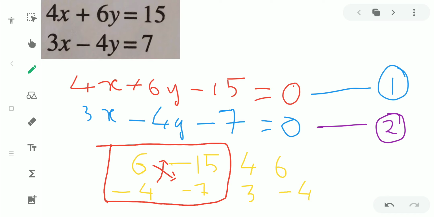We have two variables, x and y, to solve.